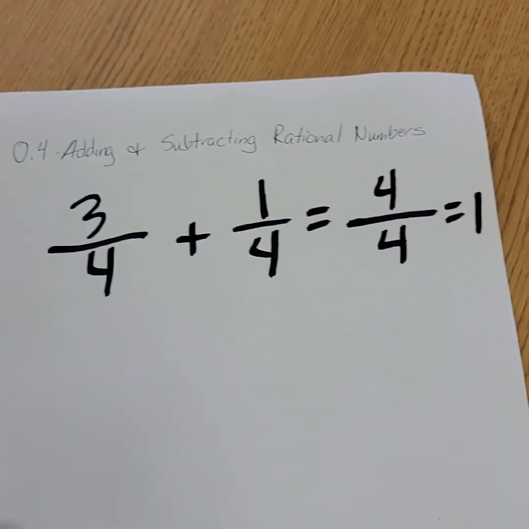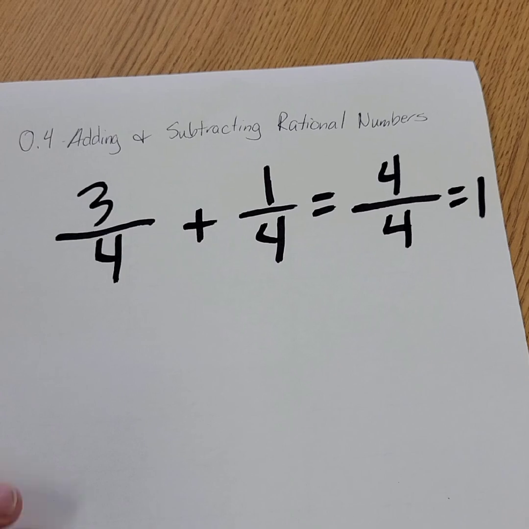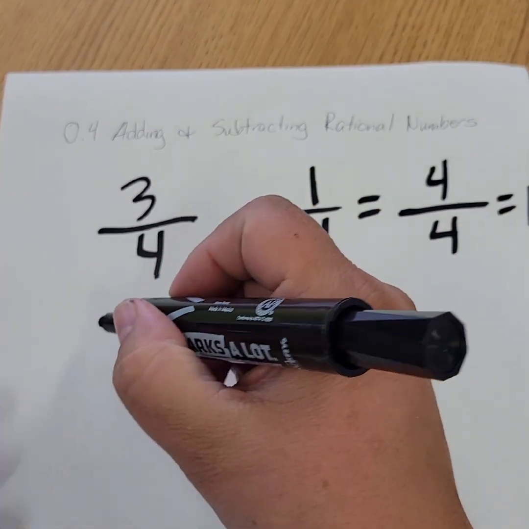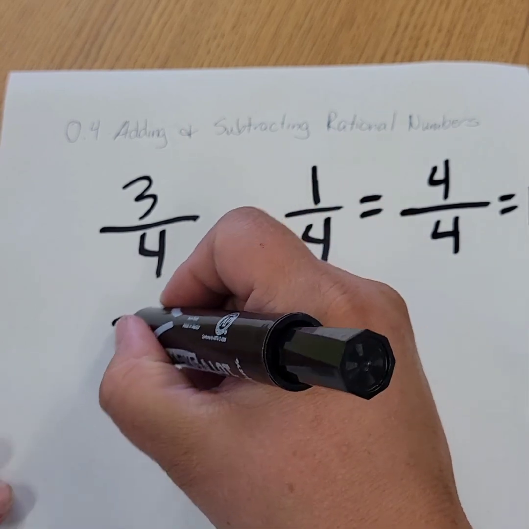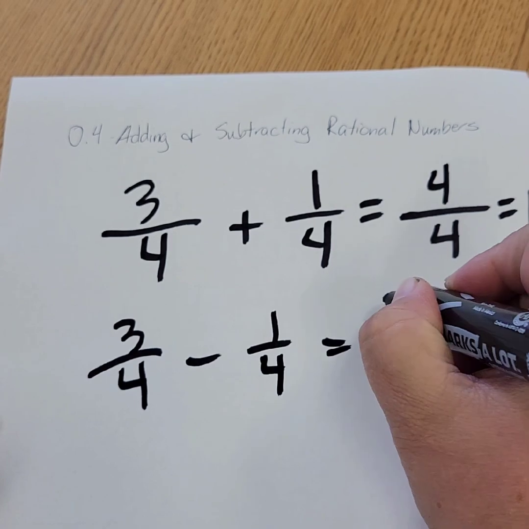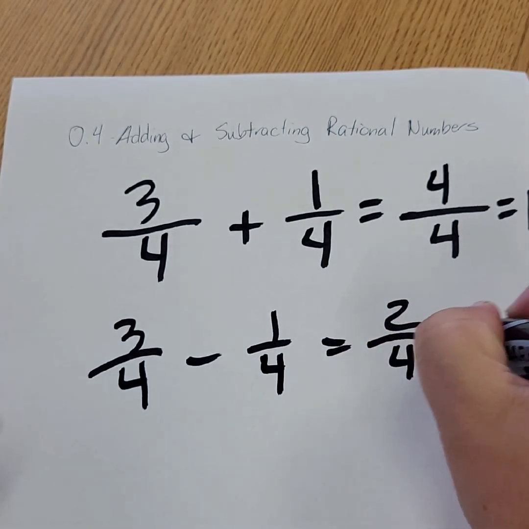But I didn't intend that to happen, but it just did. Okay, so then we could have something like, well, the same thing. So 3/4 minus 1/4 is 2/4, and that reduces to 1/2.